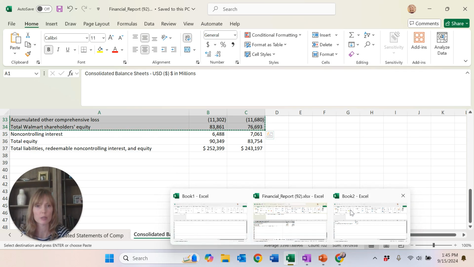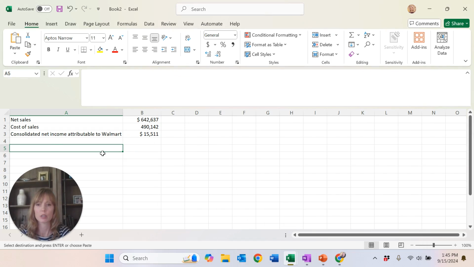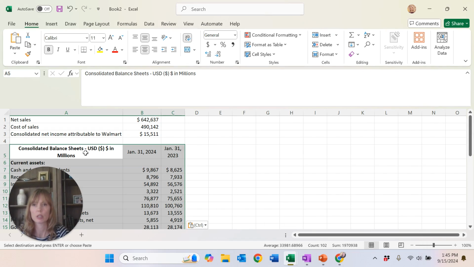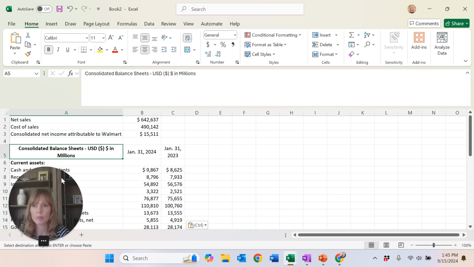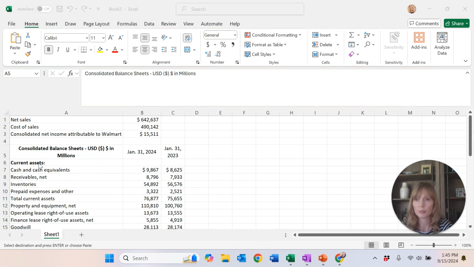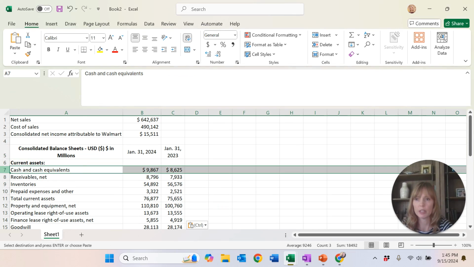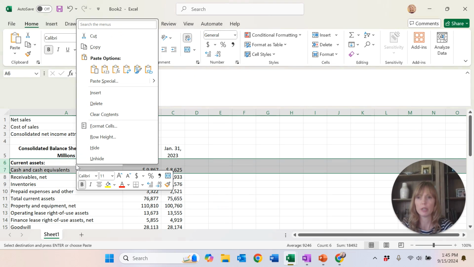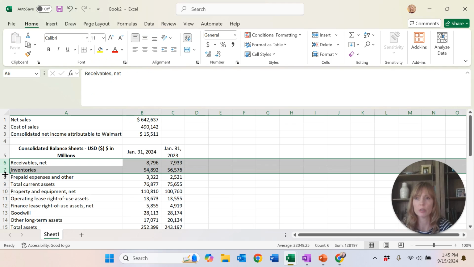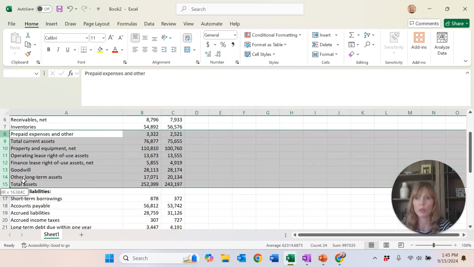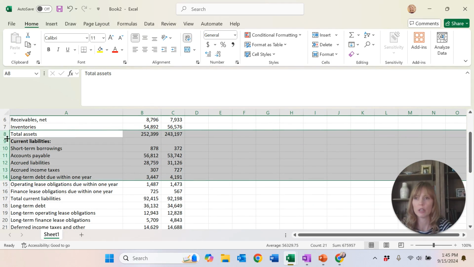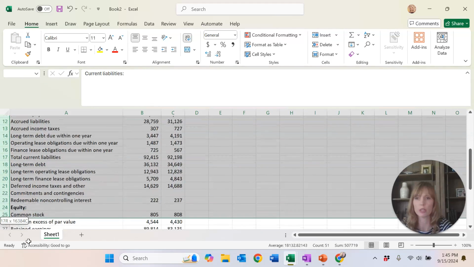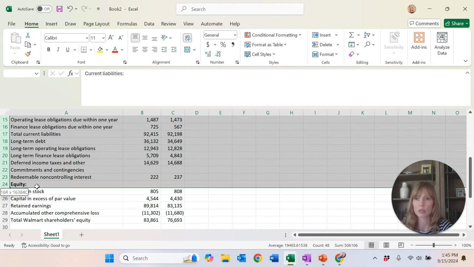I'm going to paste that next to my income statement data. And I'm going to need my accounts receivable, my inventories. I'm not going to delete those. I want total assets, and I want total stockholders' equity attributable to Walmart.